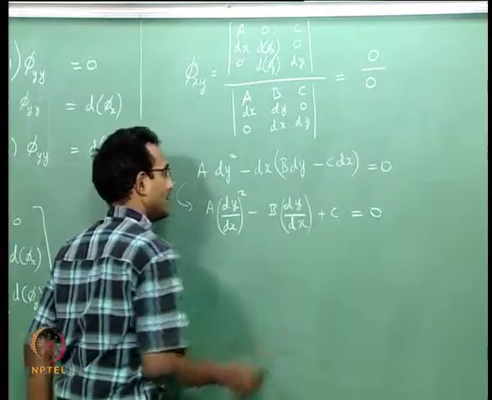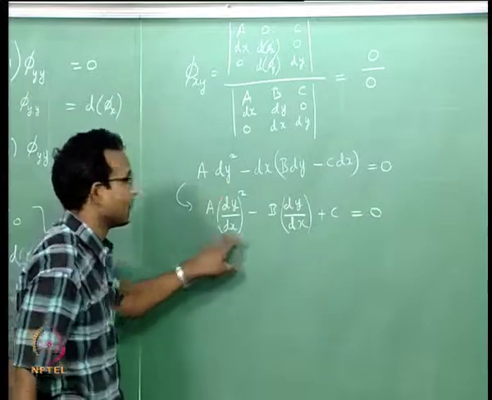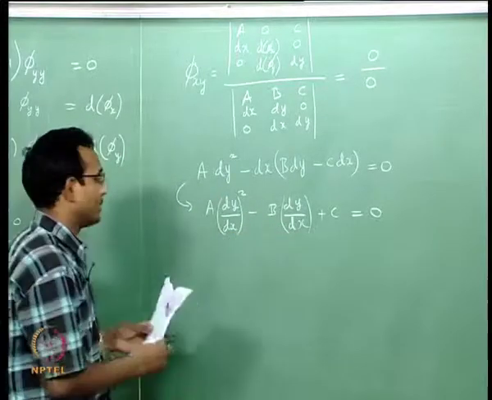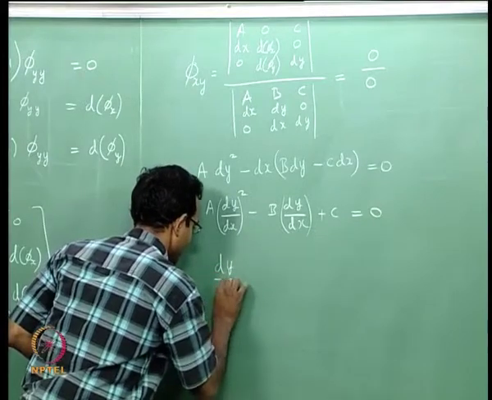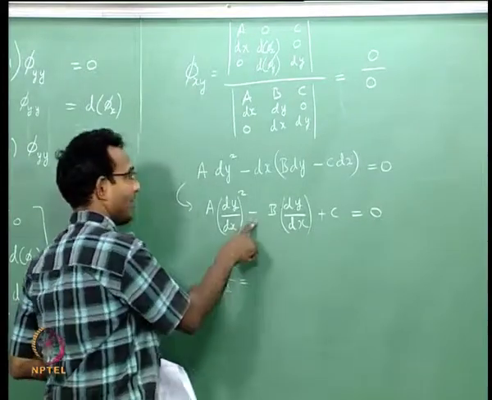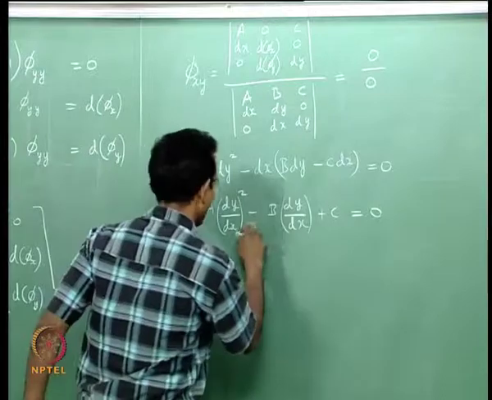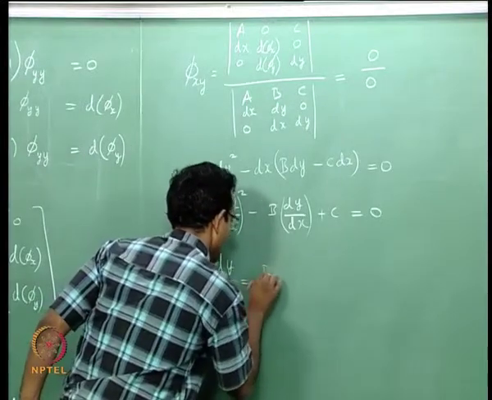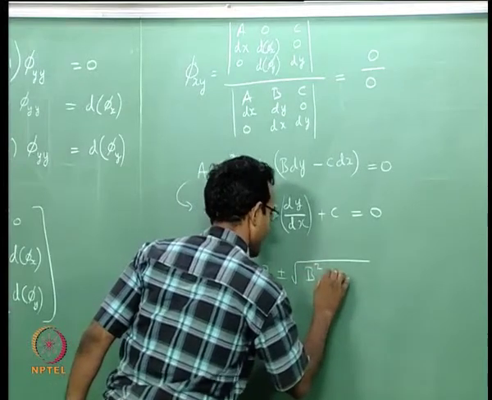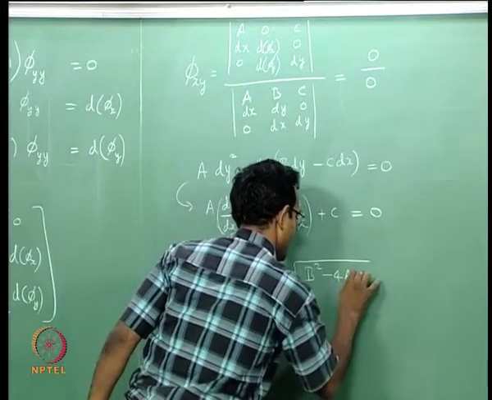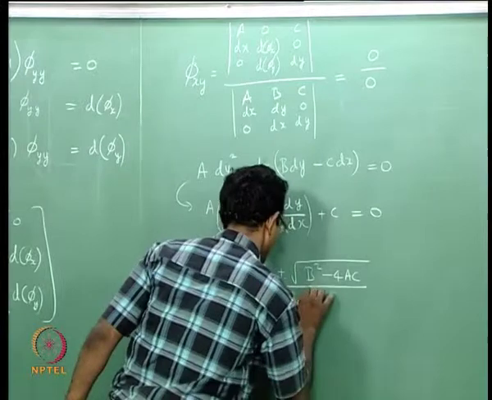What is this? It is nothing but a quadratic equation in dy by dx, which means I can write the solution for this. This is easy. This is already having a minus sign. You should know that minus of b will become plus b now. dy by dx equals b plus minus square root of b square minus 4ac, divided by 2a.